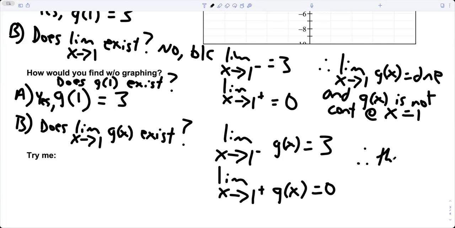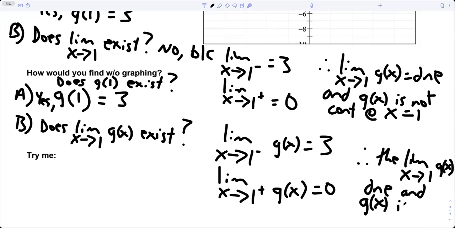Therefore, the limit as x approaches 1 of G of x does not exist, and G of x is not continuous at x equals 1. Any questions for me on that?